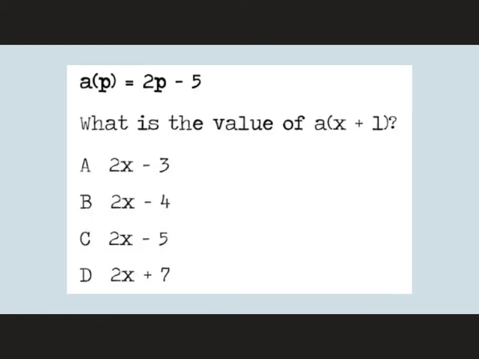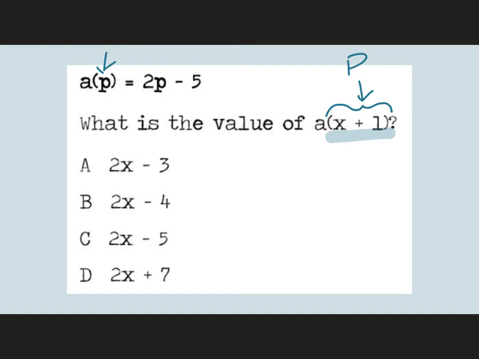Now this one's a little bit trickier. If you notice, we have a plus 1 inside parentheses. So basically, what we're going to substitute wherever there's a p is x plus 1, because it's saying a of x plus 1. Over here is where the letter p appears.